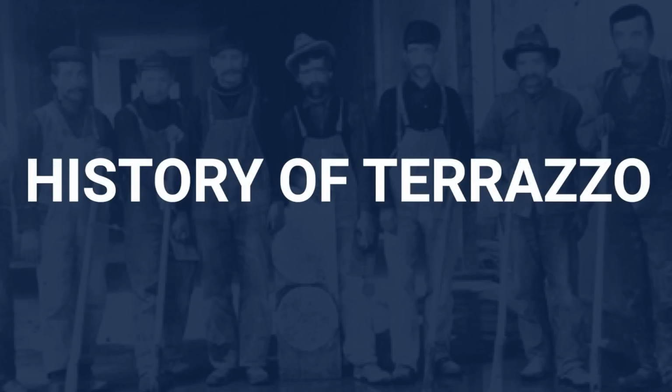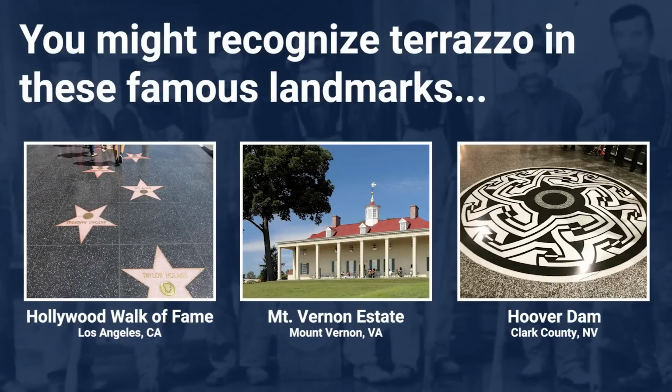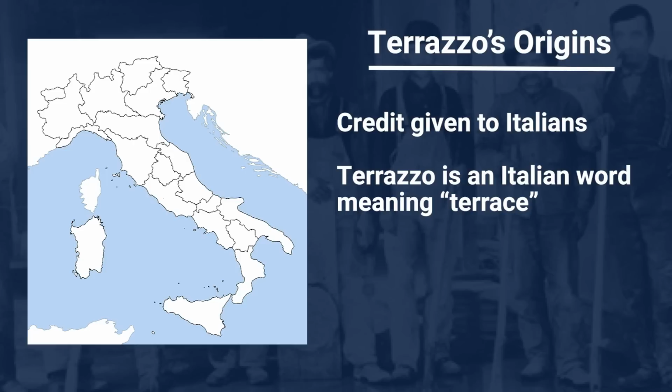Next, we'll dive into the history of terrazzo, highlighting its origins and how it evolved over the years. Terrazzo can be found at historical landmarks around the world. Some locations include the Hollywood Walk of Fame and George Washington's Mount Vernon home in Virginia. Credit is given to the Italians for inventing terrazzo.